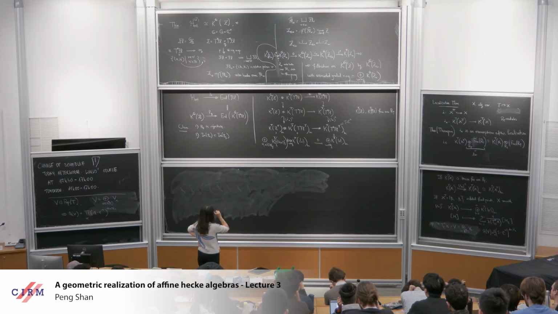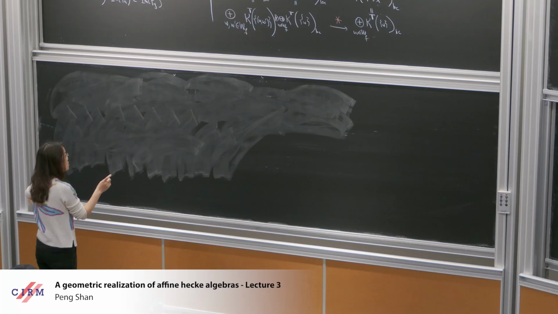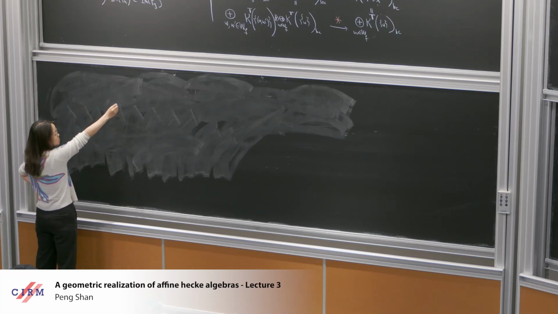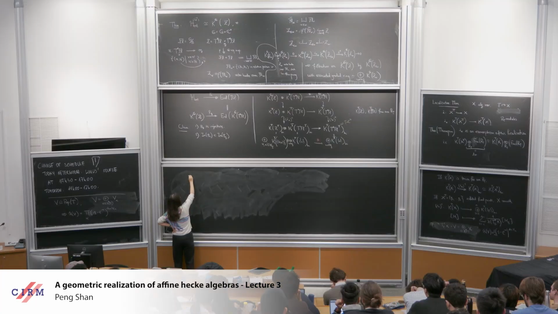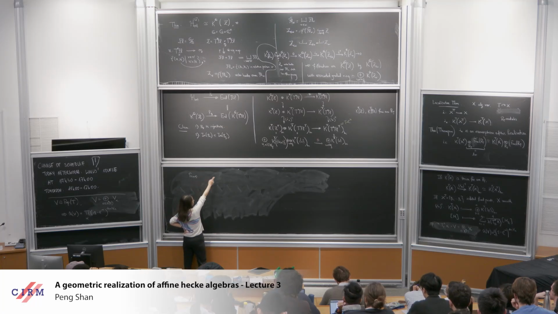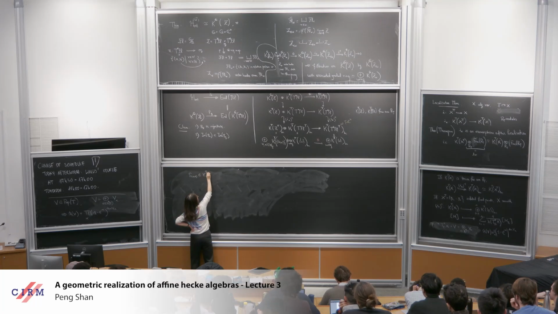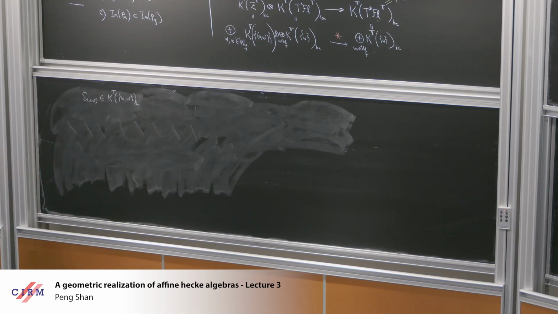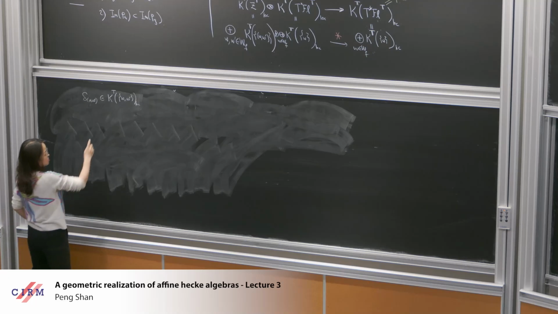So maybe let me first start by saying it's not so hard to observe by the definition of convolution, if I do, maybe just to avoid confusion, I will write delta W prime as the function which is just 1 on this. So I will view this as the base point in this ring. Okay. And similarly for the other.